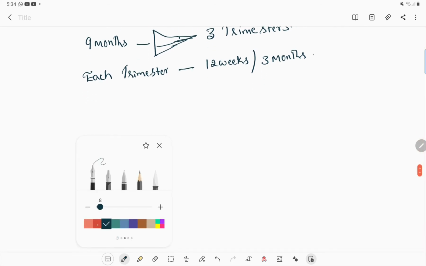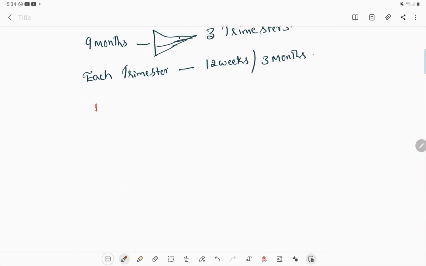Let us see each and every one. First trimester: the first trimester is from the first week to the 12th week, or first month to third month.